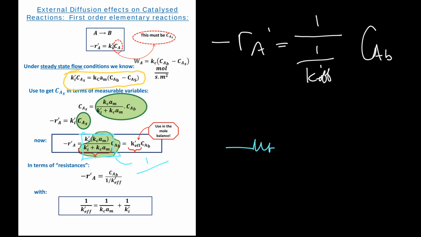And the resistance means it is 1 over the rate constant. In other words, a very high resistance will mean that I've got a very small rate constant. And if I've got a very high resistance to external diffusion, it means I've got a very small rate constant that drives that external diffusion process.